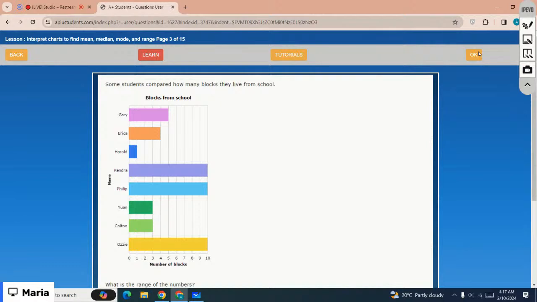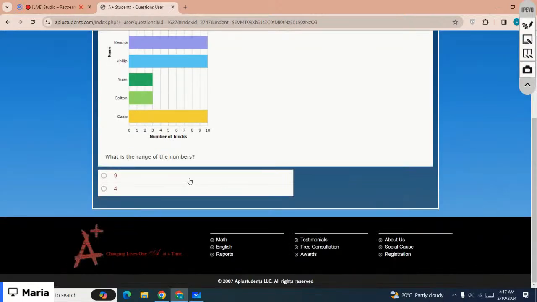You have to read the values from the graph. So the least one is 1 and the highest one is 10. 10 minus 1 is 9. The range of these numbers is 9. Got it?